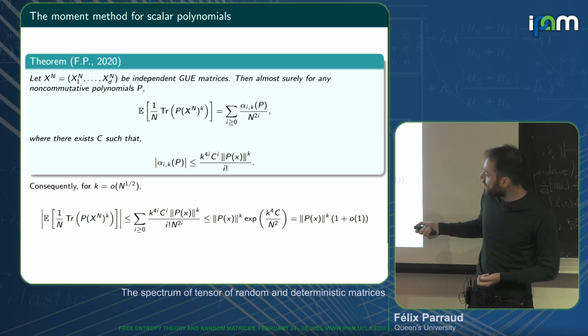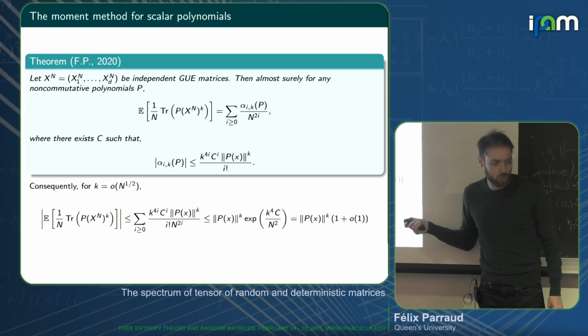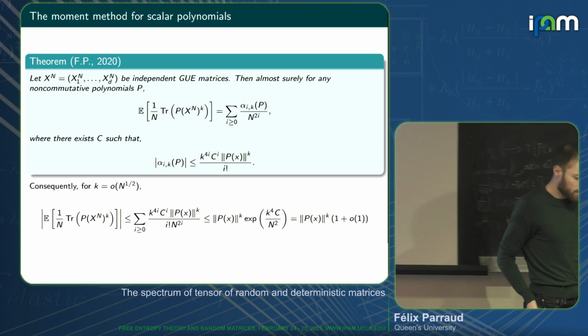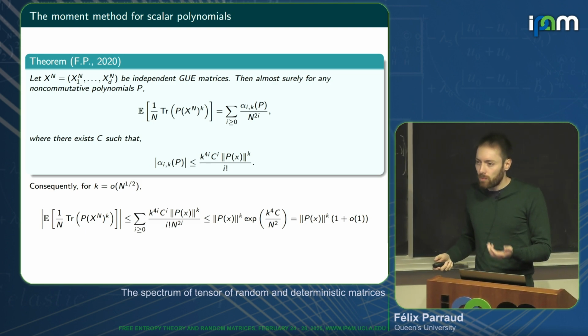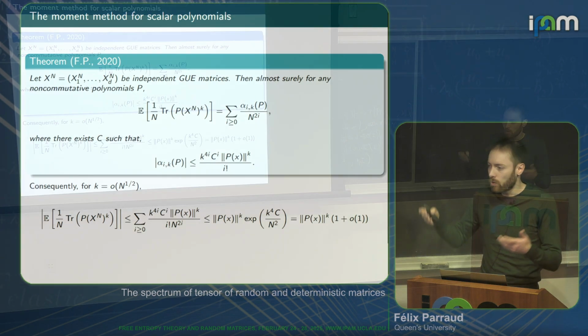We can then just take out this norm of P(X) to the power k out of the sum. And then by summing over i whatever remains, we end up with this exponential here. But as I said, we assume that we took k to be smaller than the square root of n. So what this implies is that the term in the exponential is just 0, it's a little o of 1.